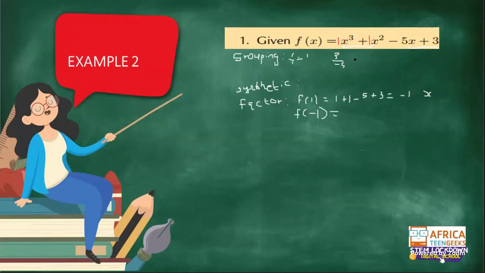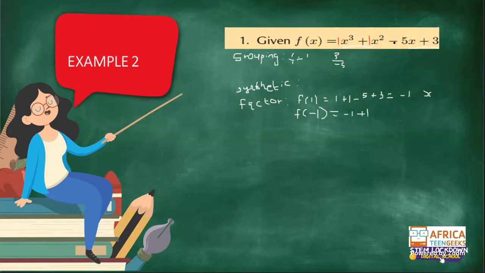And then you would try negative 1. So negative 1 would give you negative 1, okay? And then this would be plus 1, okay?